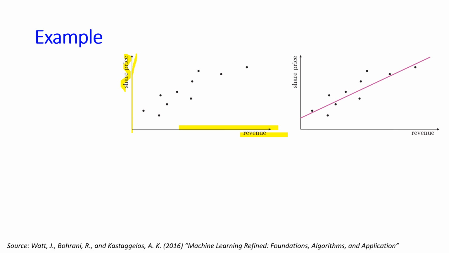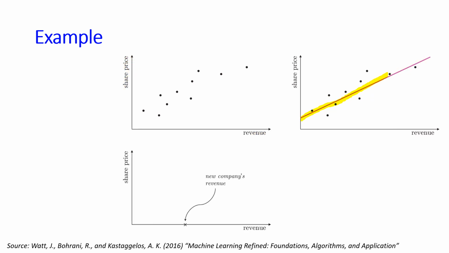If we model it with a line, the line may look like this. You can see that if the revenue gets larger, then the share price tends to get higher. So this is an example of a regression model.